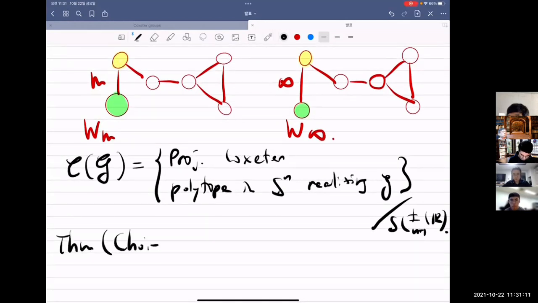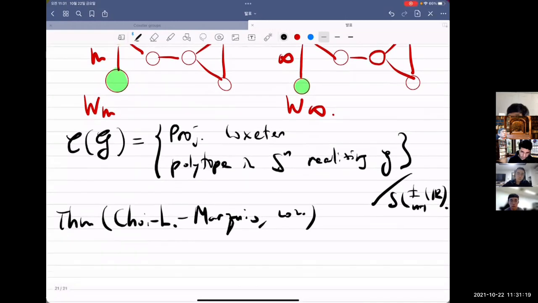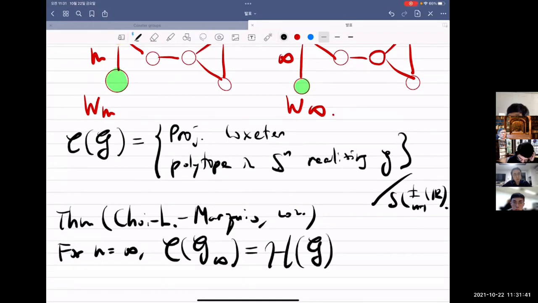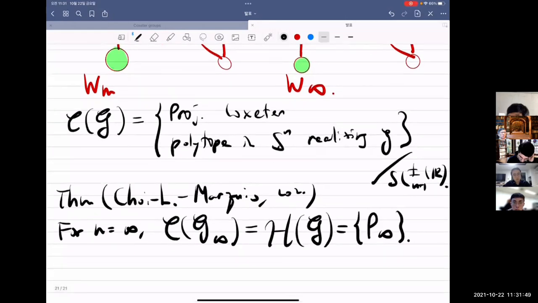Professor Choi, Marquis and I, in 2020: for M infinity, the space of projective Coxeter polytopes in the projective sphere realizing G is equal to the hyperbolic polytope realizing G, and this we know is the hyperbolic polytope.